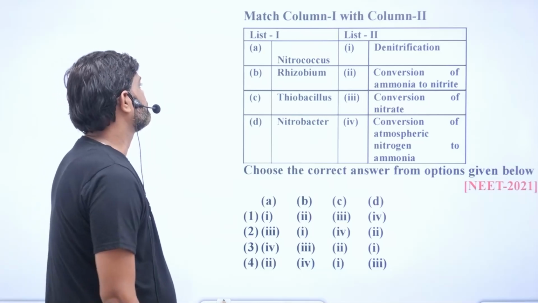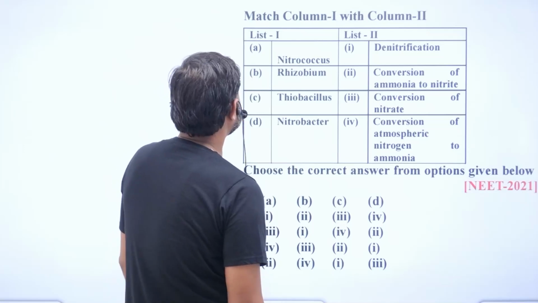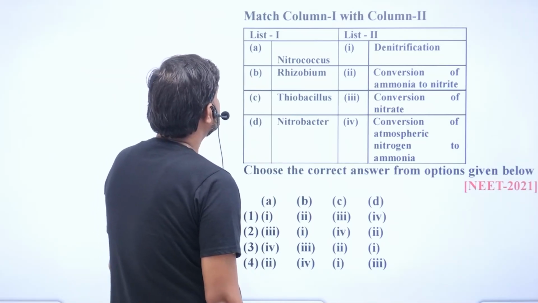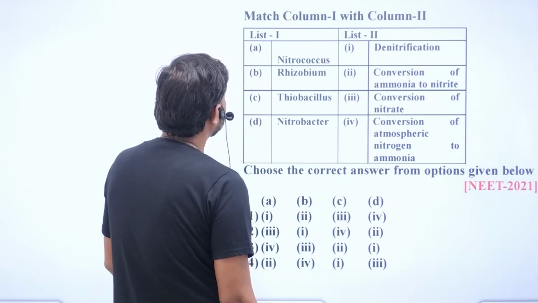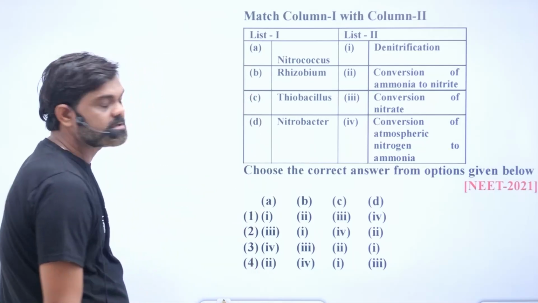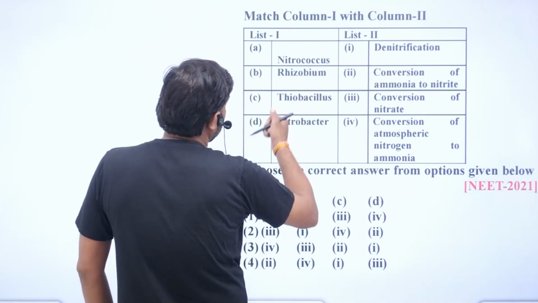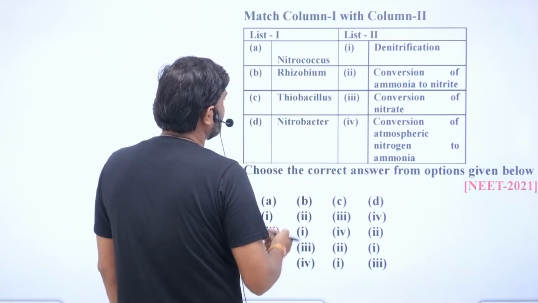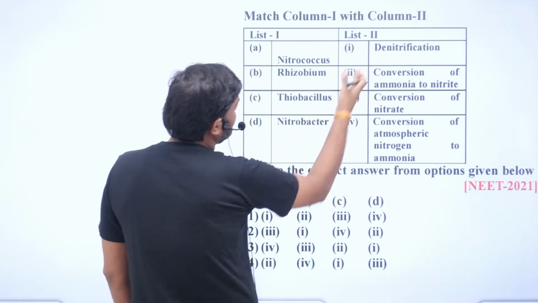Match column first with column second. List first, Nitrococcus. This question is related to nitrogen metabolism. Nitrococcus bacteria, Rhizobium bacteria, Thiobacillus bacteria, and Nitrobacter bacteria are related to these functions.